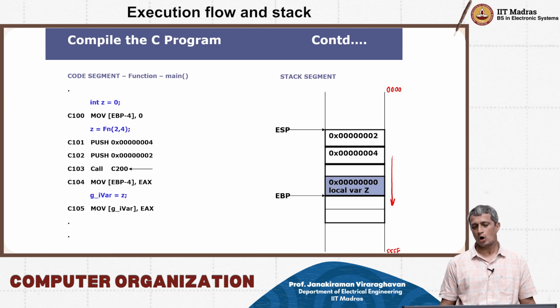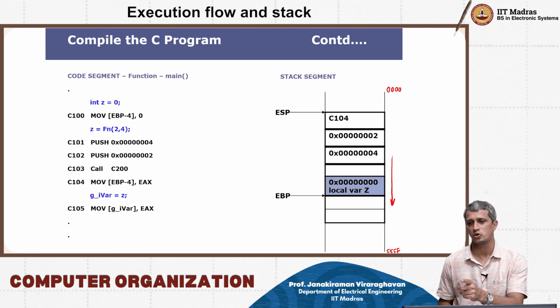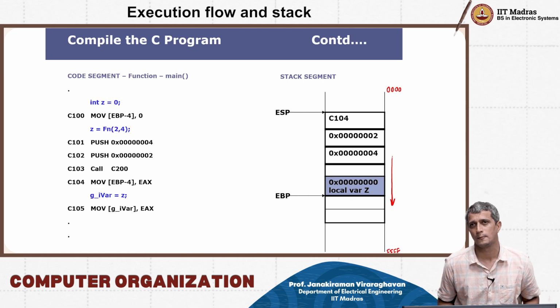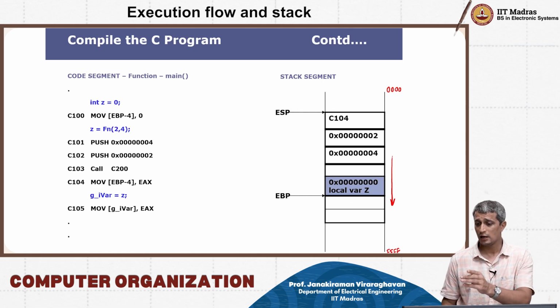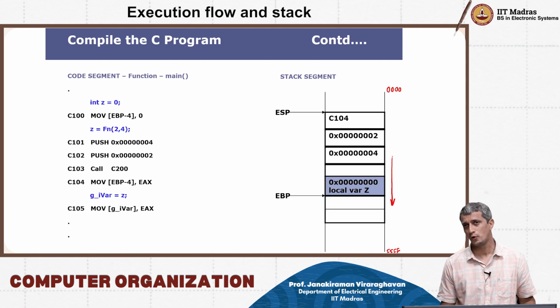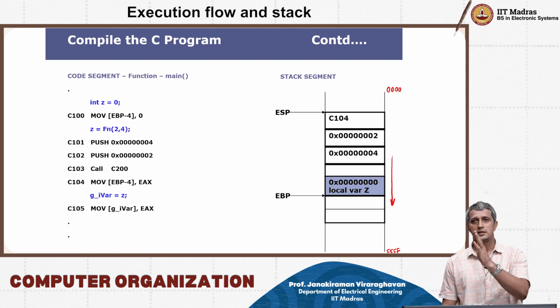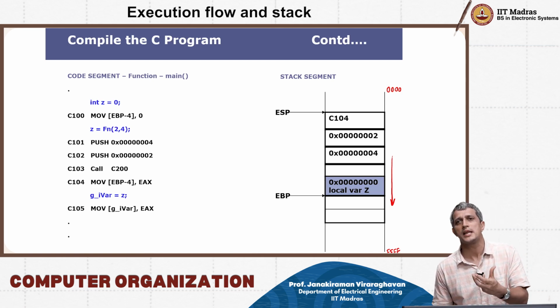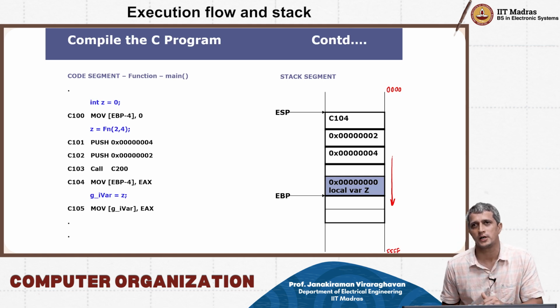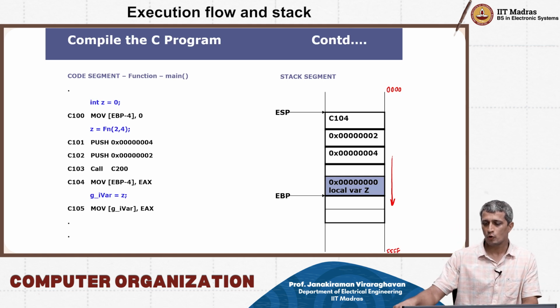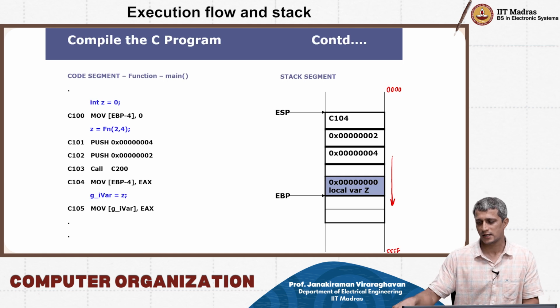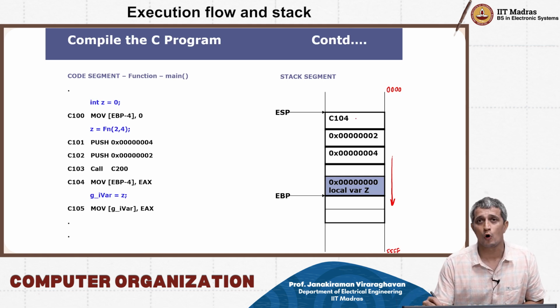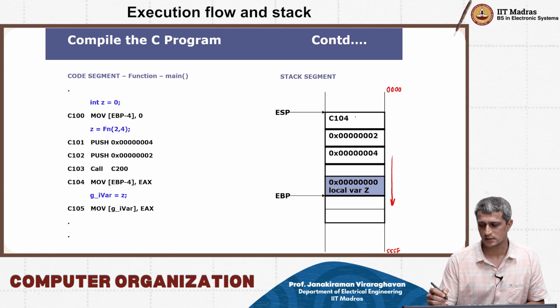So when you do call C200, first C104 will get pushed onto the stack. That means ESP will now decrement by 4 again. This is exactly what I told you, that something in the stack is implicitly happening when you call a function. So if you look at the stack segment on the right hand side, this C104 is the return address, right?